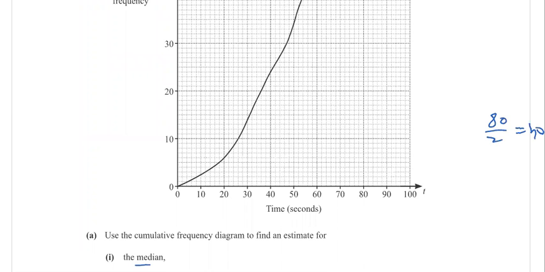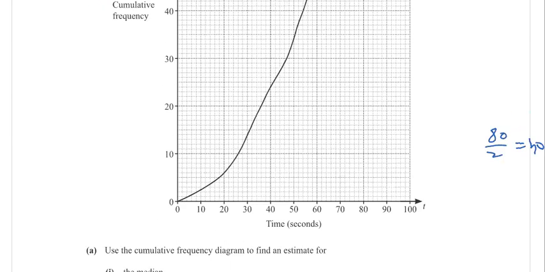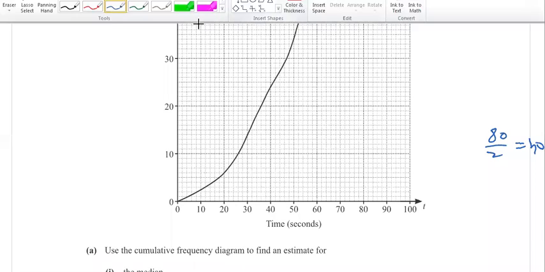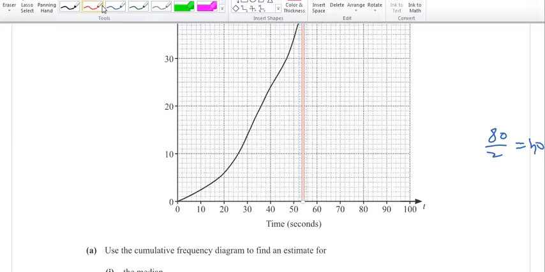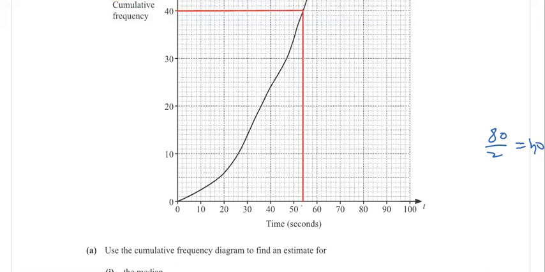So from 40, I will draw the line. Let's draw the line from 40. That will be this one. Now let's see what each box is horizontally, because scale matters a lot for any graph question.